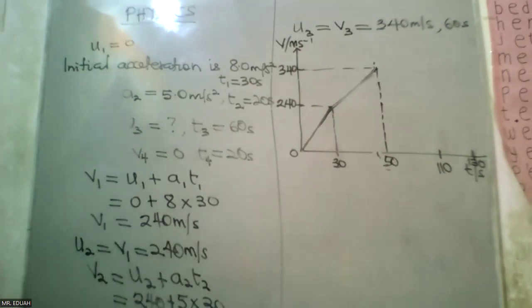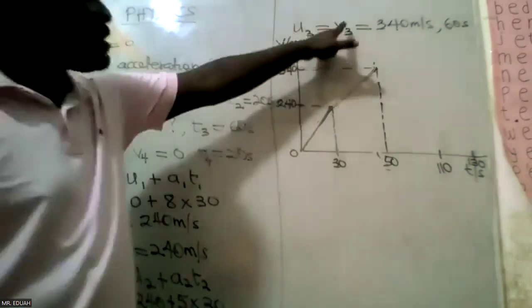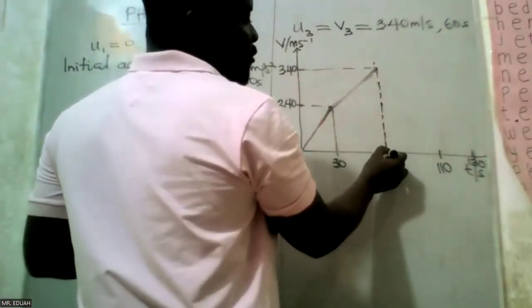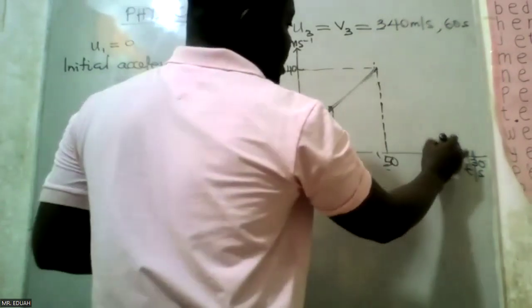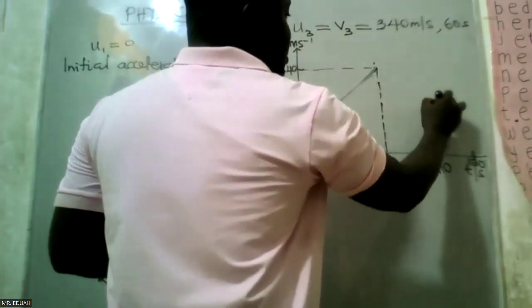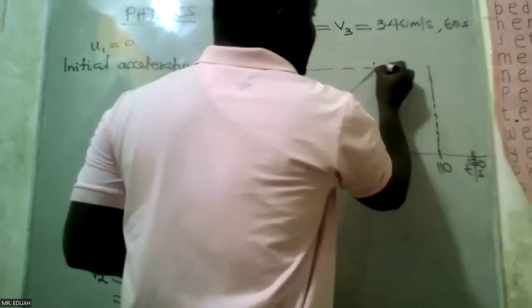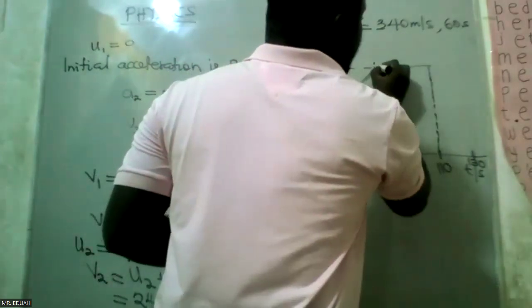Okay, then the third part of the motion, the velocity was maintained for 60 seconds. So for a 60 seconds time interval, velocity was maintained. So the gradient or the slope is 0.